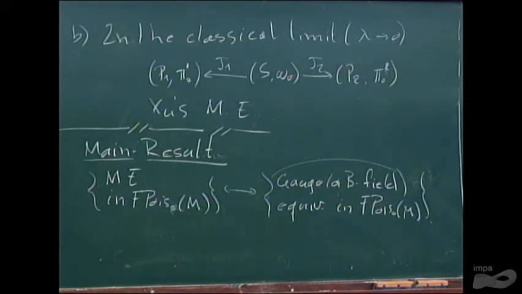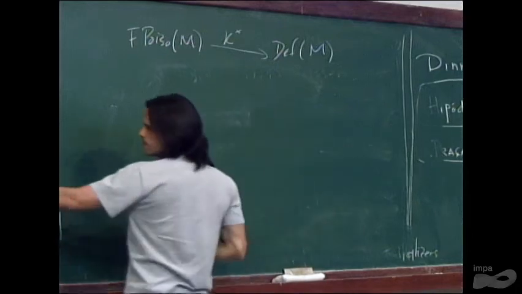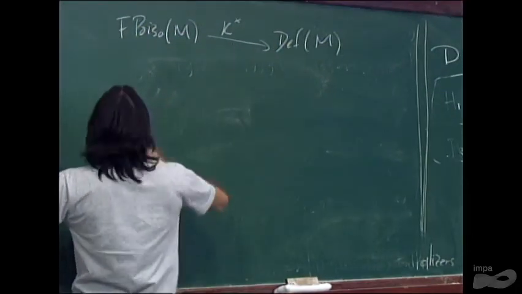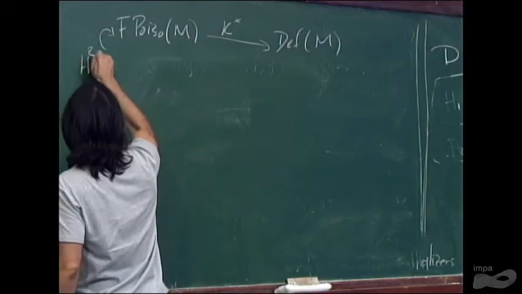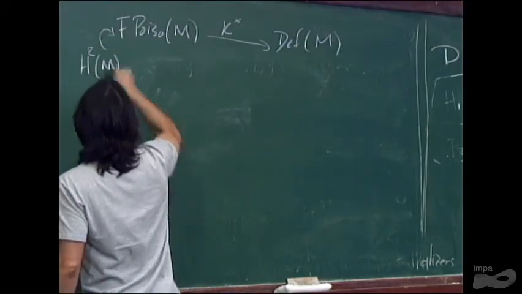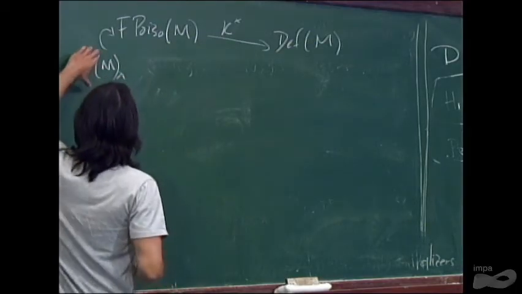So I will write again here the diagram of the Kontsevich map. This B-field equivalence is an equivalence given by an action of this group here. And the action is as follows.